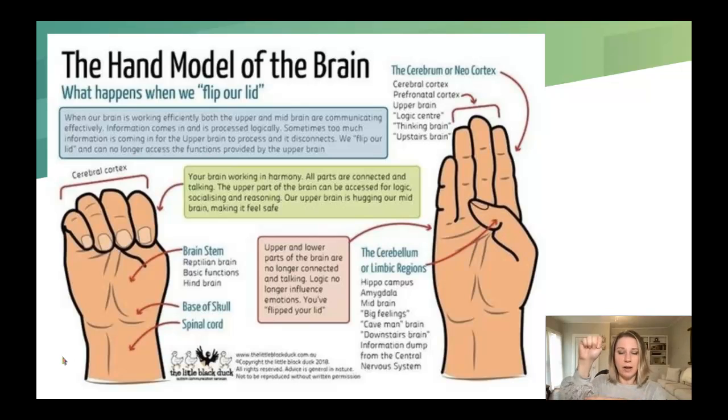So here you have a hand model of the brain where the wrist coming up to the fleshy part of the palm is like the brain stem. It's sometimes called the reptilian brain because reptiles have this part of the brain as well. So base of skull, spinal cord going down, and the function of this lower, deeper part of the brain is to help regulate those systems that are out of our conscious awareness.